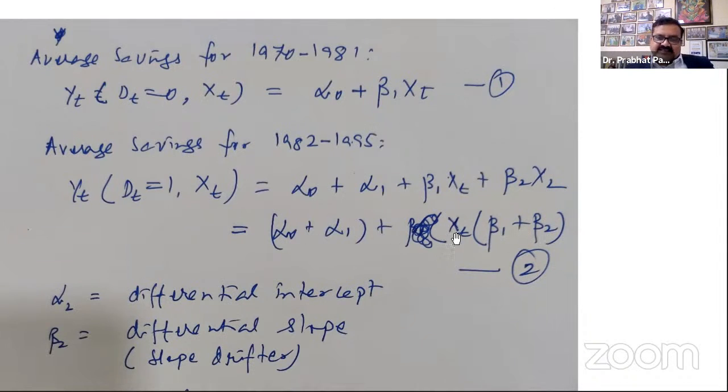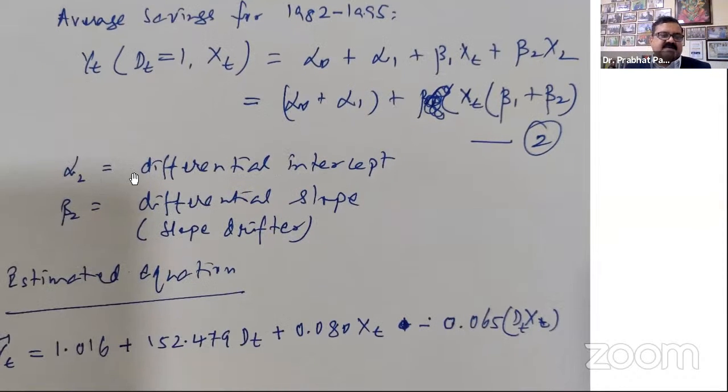So if you look at the second equation, these two together form the differential intercept, and these two together form the differential slope. And that's why we say the interactive dummy's beta, whatever you get, is a differential beta. So we call alpha the differential intercept, and here beta is the differential slope.